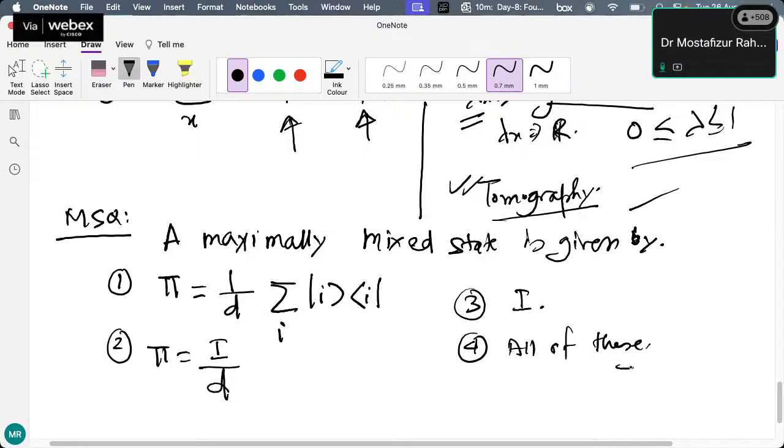So this is a multiple correct answer question. What are the answers? Can you just try and apply it?